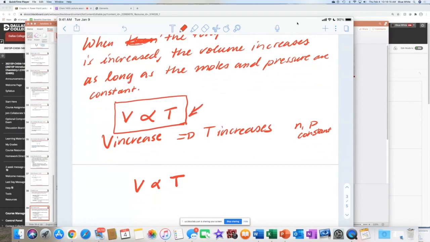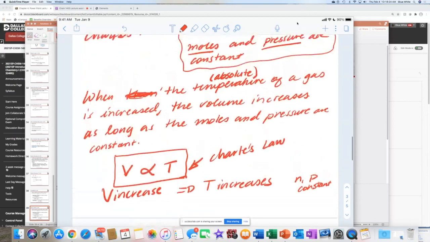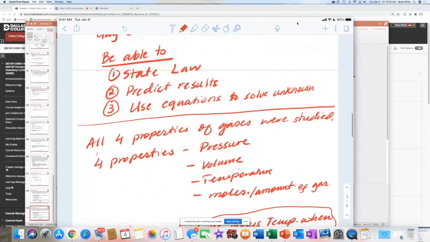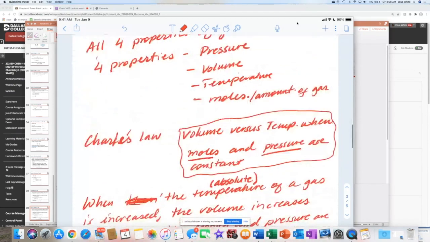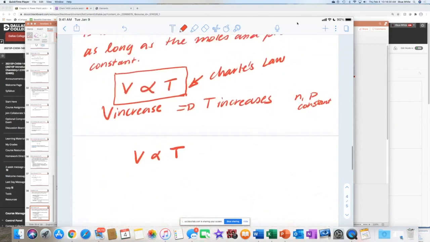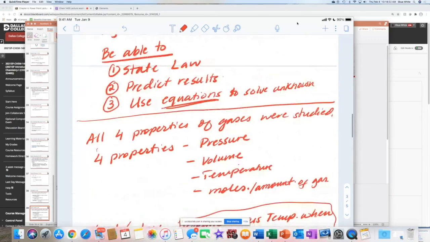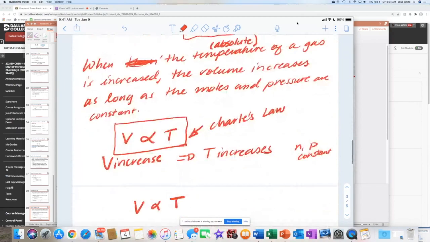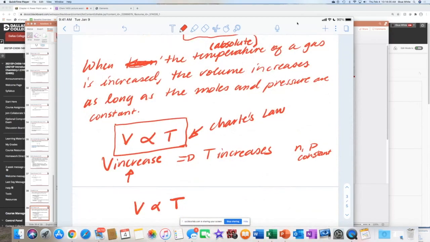Then you say, oh, this goes with Charles' law. Okay? But I told you at some point we have to get an equation out of this. We have to use equations. How do we get the equation here? Oh, I also did say predict results, right? Here's essentially the results. If the volume increases, the temperature increases, because they're directly proportional.